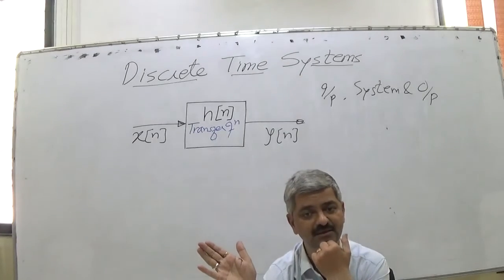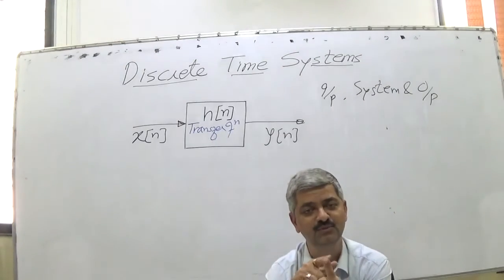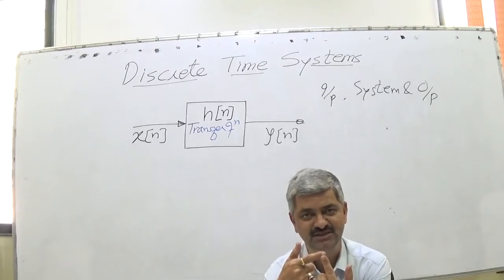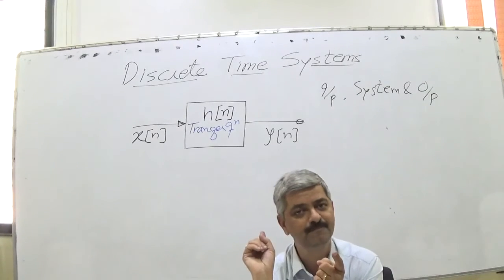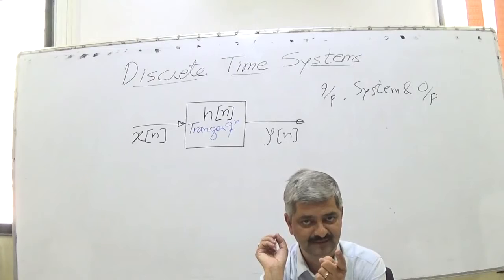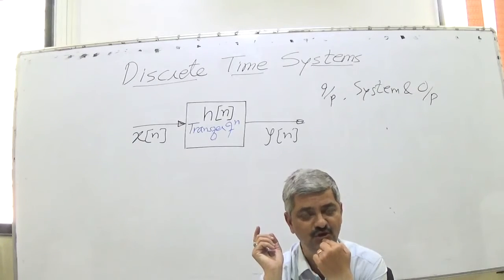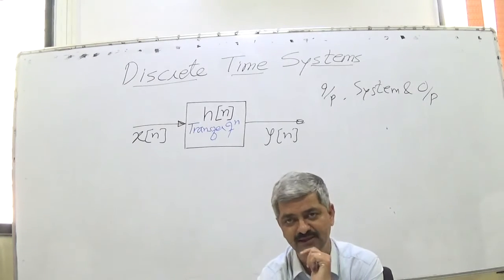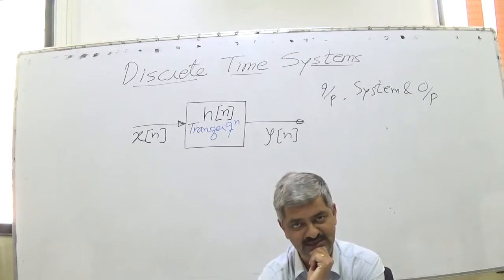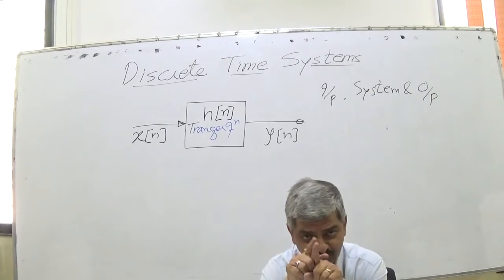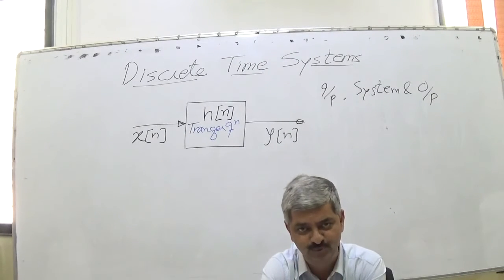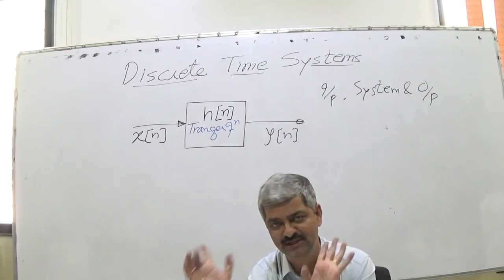I speak, the mic converts my pressure signal into a voltage signal, and the speaker converts the voltage signal back to a speech signal. So the mic gives continuous voltage output, and the speaker needs continuous voltage input.